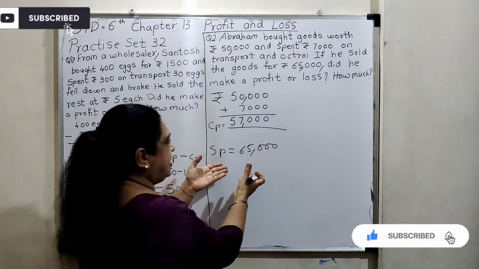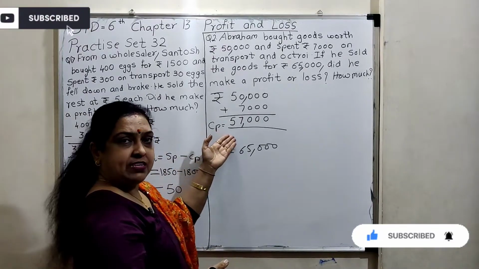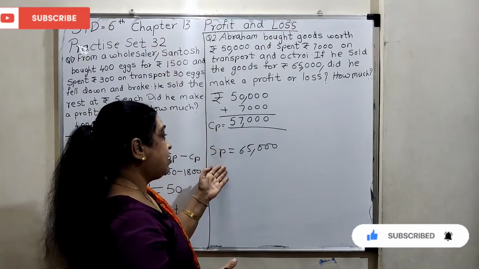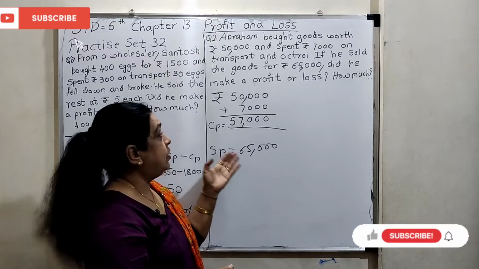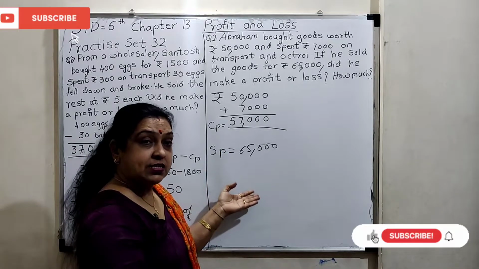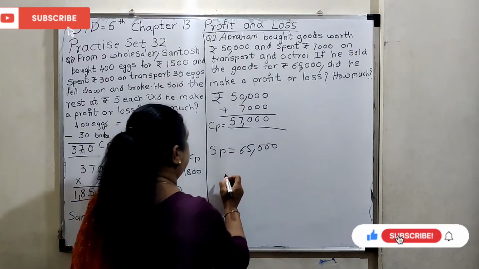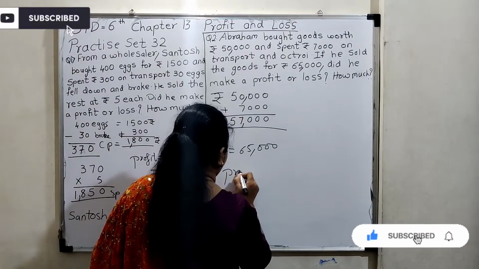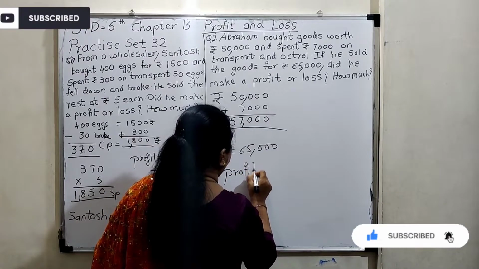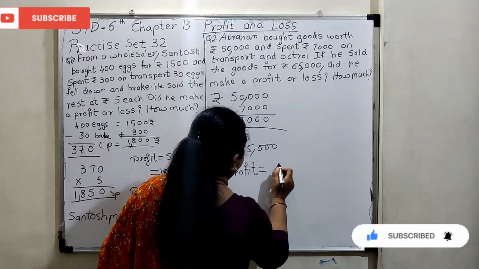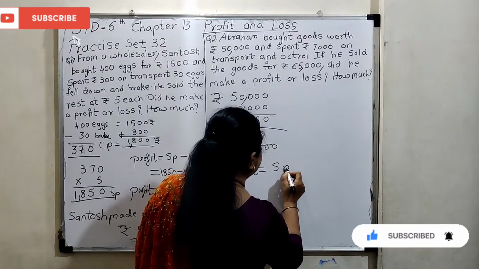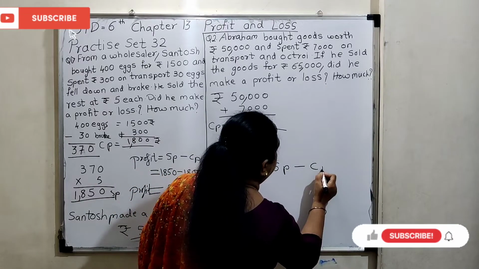From this you can understand, he bought for 57,000, he sold for 65,000. So, did he make a profit or a loss? He made a profit. So, profit is equal to selling price, that is SP, minus CP.